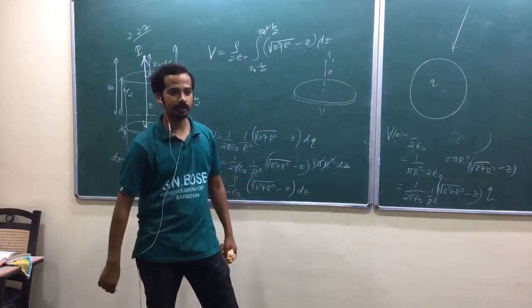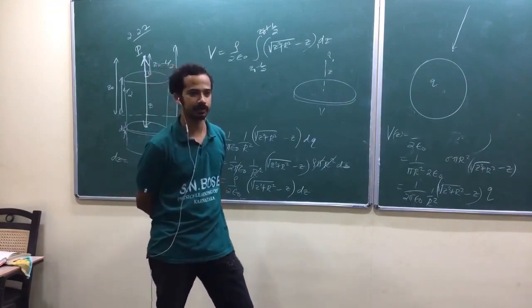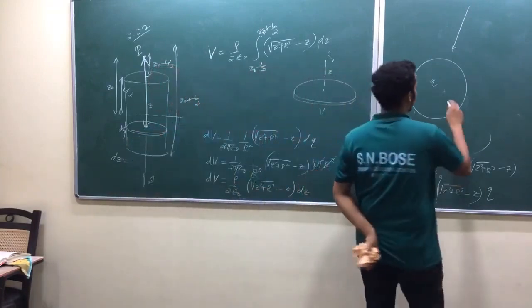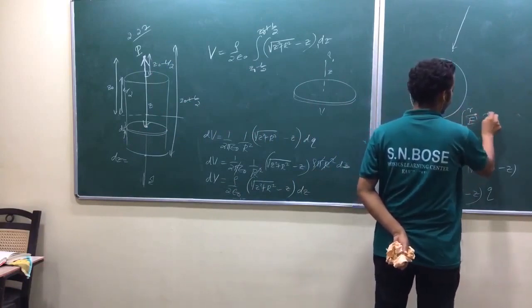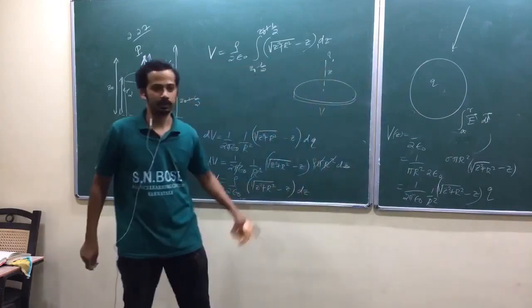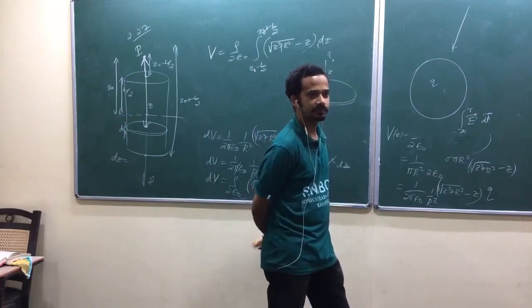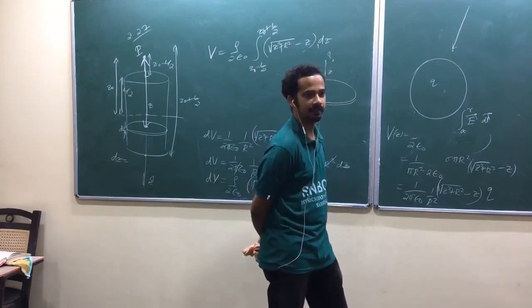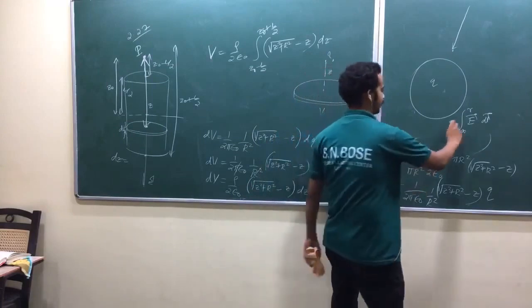That's also possible, am I right? That's also one of the paths, and line integral should be independent of the path. Now look here, your integral from infinity to r, E bar dot dl bar: electric field is radially outward, dl is radially inward. Why not one more negative sign? That was the question. Try to answer.